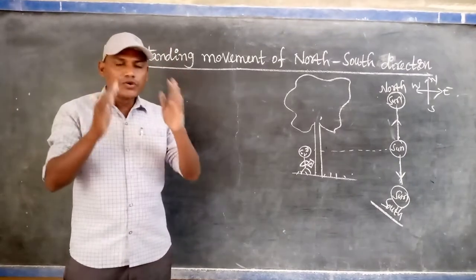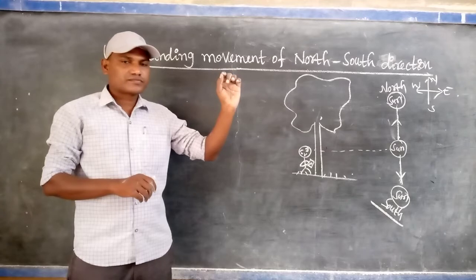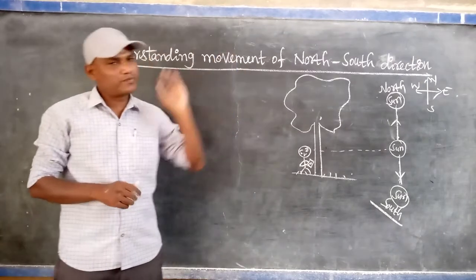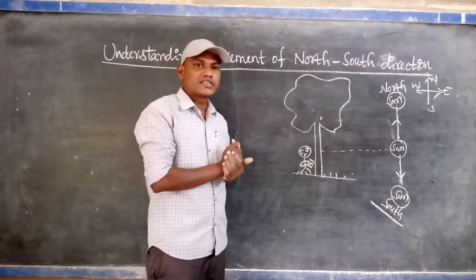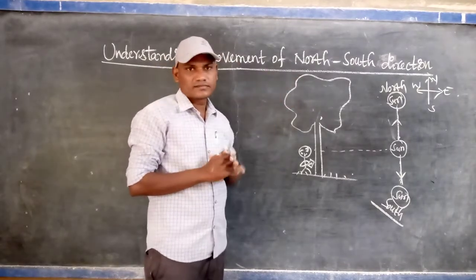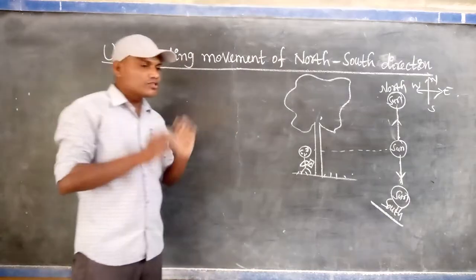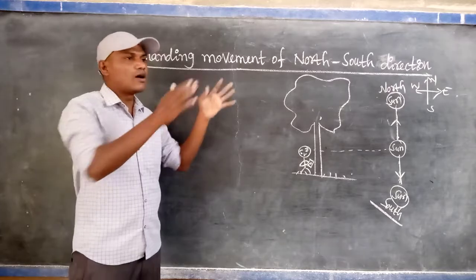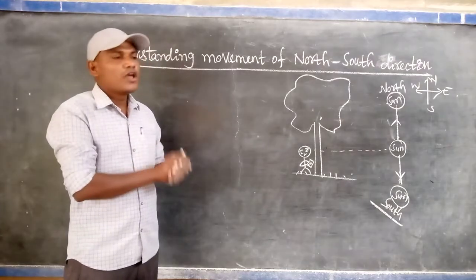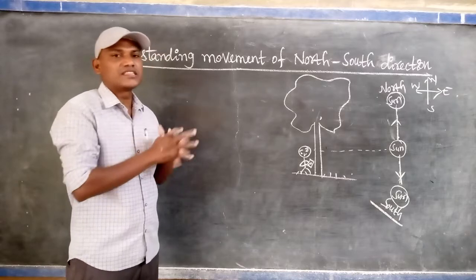First of all, you select one constant place, a surrounding object like a tree or an electrical pole. Generally you can choose an electrical pole or a tree in an open place, because you are able to see the position of the sun clearly during the sunrise.